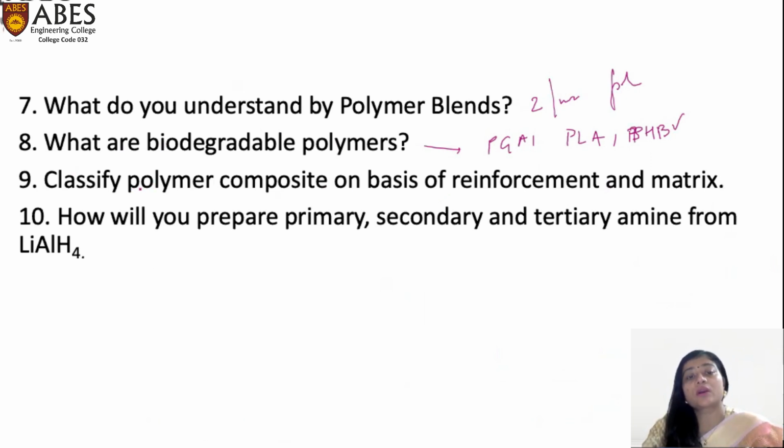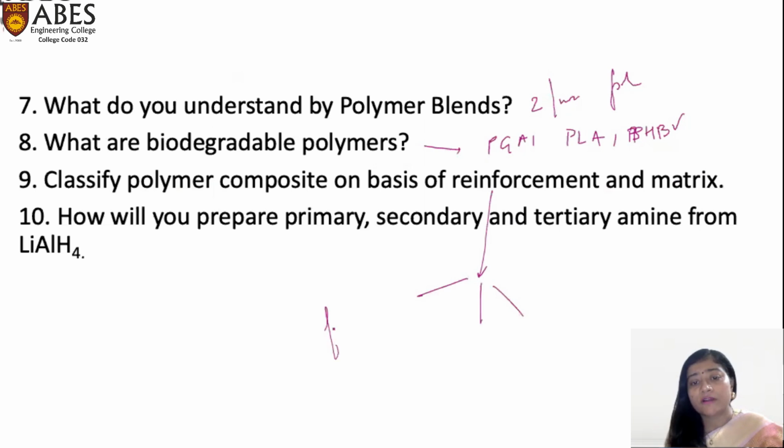Next question is: describe or classify polymer composites on the basis of reinforcement and matrix. On the basis of reinforcement, it is of 3 types, that is fiber reinforcement based, sandwich panel, and then particle reinforcement.